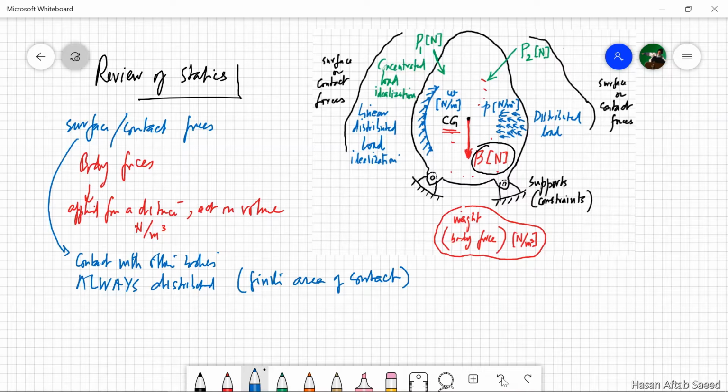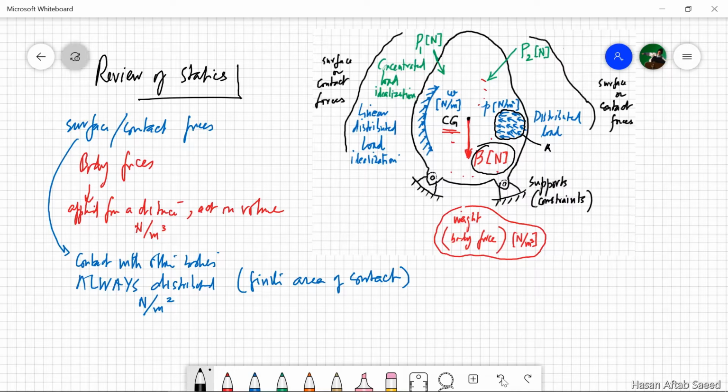That is why they are expressed in Newton per square meters or Newton per square millimeters. A familiar example of a contact load is a body submerged in a fluid. This contact force, for example, acts on this area A. So contact force as a rule is expressed in Newton per square meters or Newton per square millimeters.